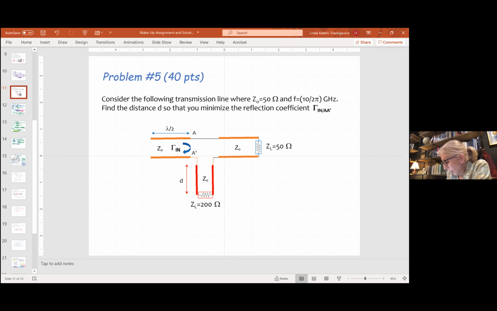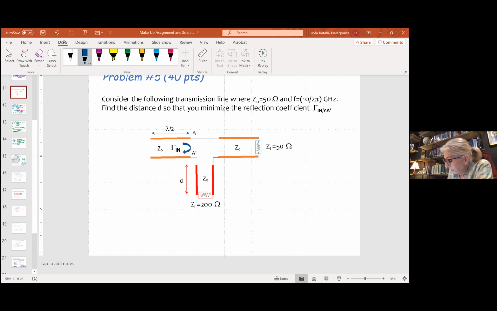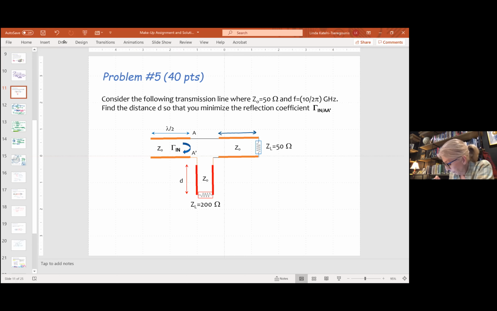We have a section of a transmission line here, and that has a length which we don't necessarily care about. And I would need to ask you why we do not care about this, D1. We have a load at the end, which is 50 ohms. We have then a stub, but the stub is not exactly a stub because it looks like one, but it's a section of a transmission line with a load at the end.